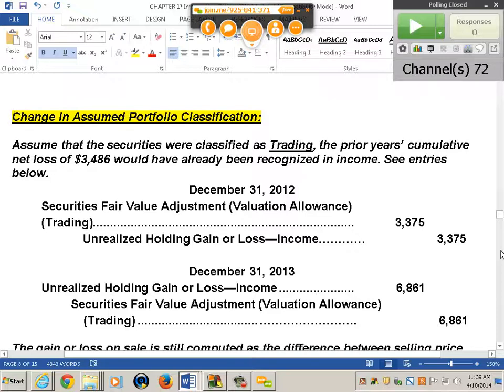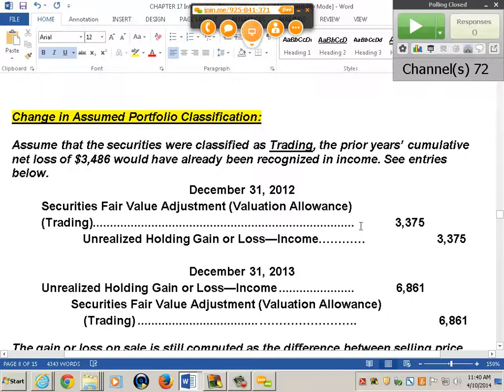Except that it's a trading portfolio, these unrealized gains and losses go into net income. So you would have to report these in earnings.